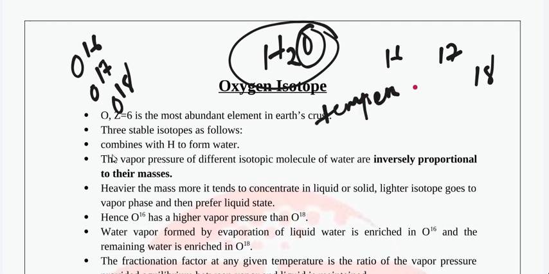You have probably seen questions in examinations asking which of the following isotopes is best for paleothermometry. Oxygen is the best isotope for paleothermometry because oxygen isotopes are very sensitive to temperature. We'll study about that.